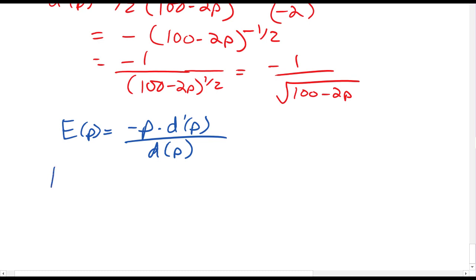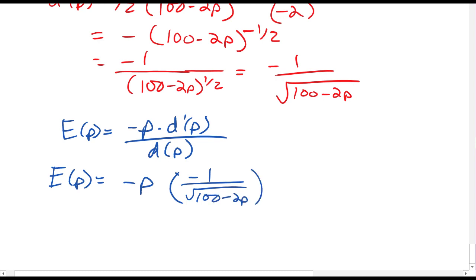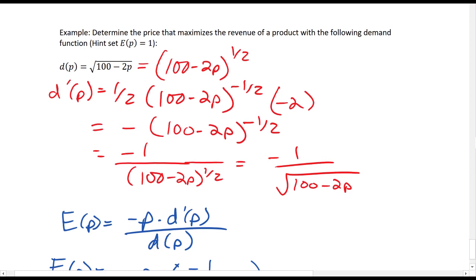So for us, that means that the elasticity equals a -p times a -1 over the square root of 100 minus 2p, all over the original demand function, which, if you remember, was the square root of 100 minus 2p. Once again, that original demand function, there it is.